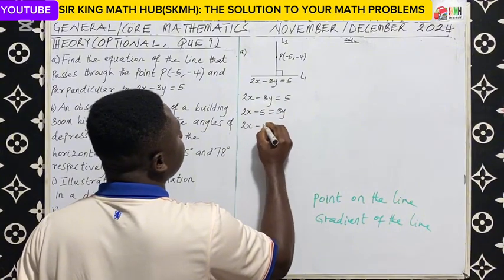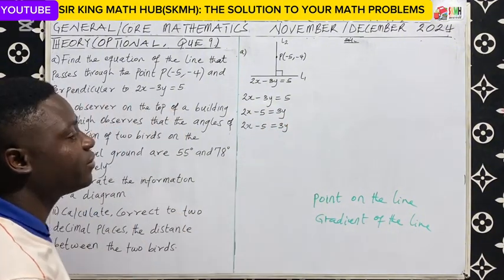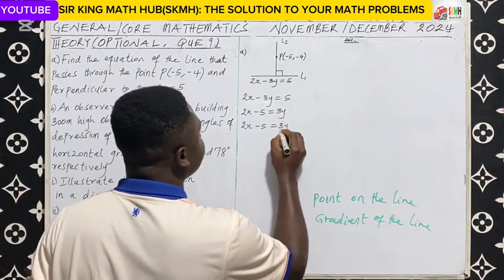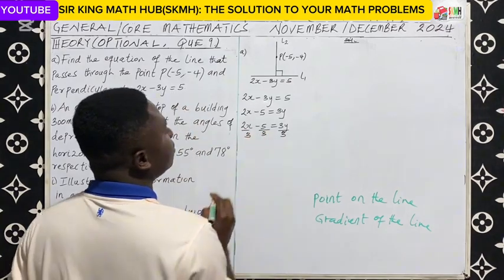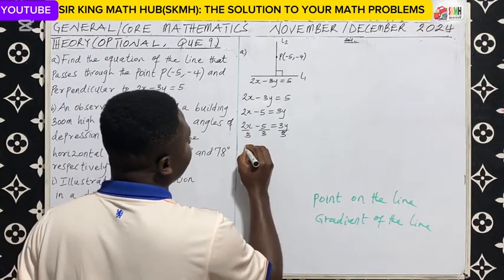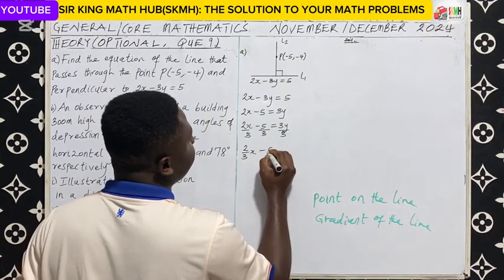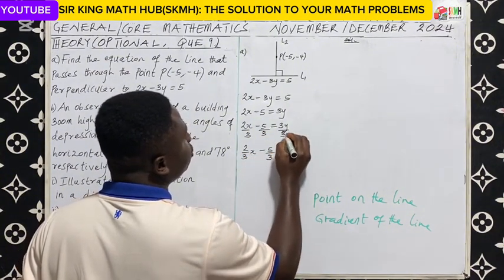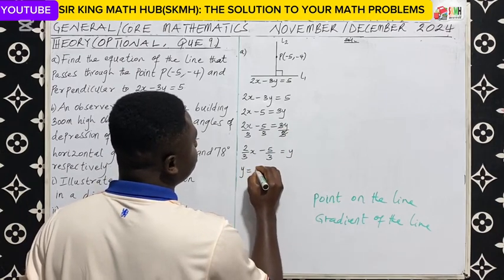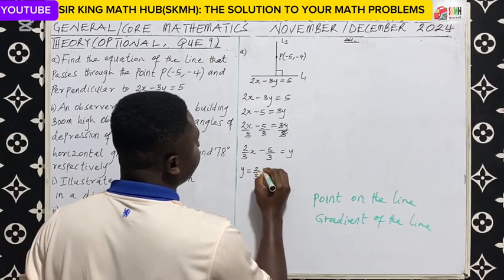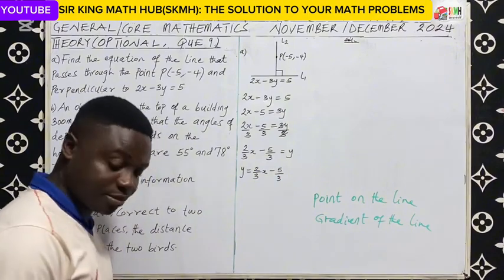We see that the coefficient of y is 3, so we can divide each term by the coefficient of y, which is 3. So we have 2 on 3x minus 5 on 3. This should be equal to, 3 will cancel out, leaving y. So y is equal to 2 on 3x minus 5 on 3.